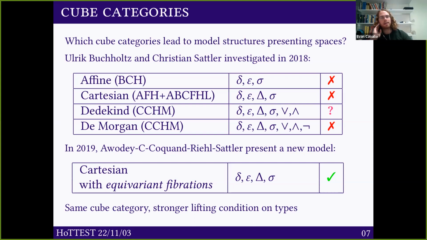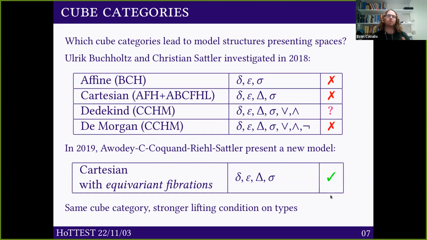But in the end, we found a cubical model of HoTT that was compatible with a model structure presenting spaces. In 2019, Steve Awodey and I, and Thierry Coquand and Emily Riehl and Christian Sattler came up with this new model and model structure, which is again in presheaves over this Cartesian cube category, but where the model structure has been modified a bit.